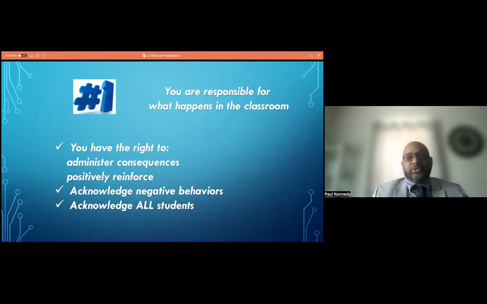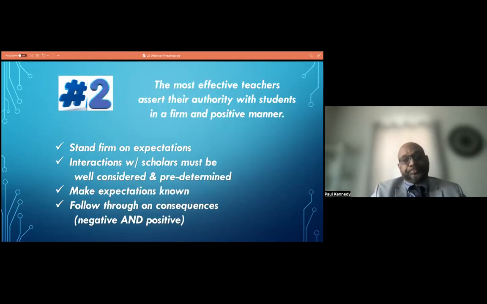You don't want to address it, because of the conflict that may happen if you address these negative behaviors. So a lot of times we say, you know what, I'm not dealing with this today. But we want to continue to acknowledge all students and let all students know that they are part of the cohesiveness of the school culture.